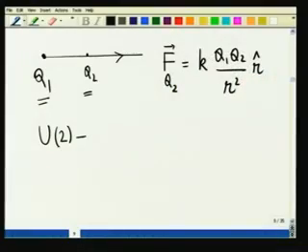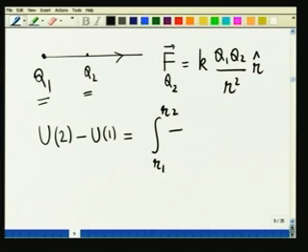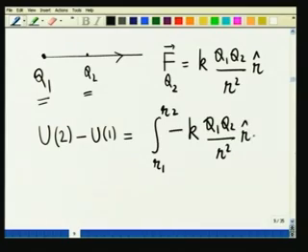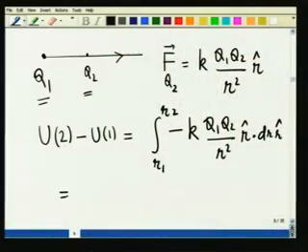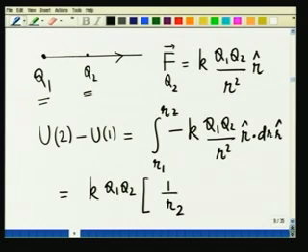So, by definition, if I move from point 1 to point 2, from r1 to r2, let me move radially, minus F dot dr. So, that is going to be minus K Q1 Q2 over r squared r hat dot dr r hat, and that gives me K Q1 Q2 times (1 over r2 minus 1 over r1).